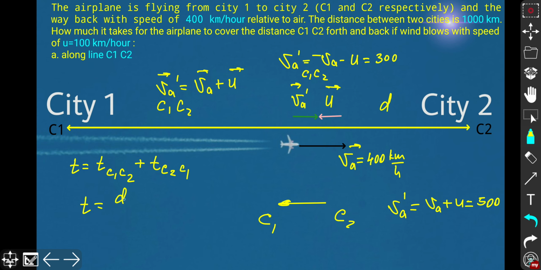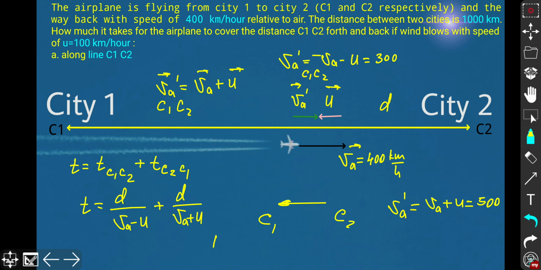We'll get the general formula first. The time when it goes from C1 to C2 is going to be D over VA minus U. And the second time, it's going to be D over VA plus U.